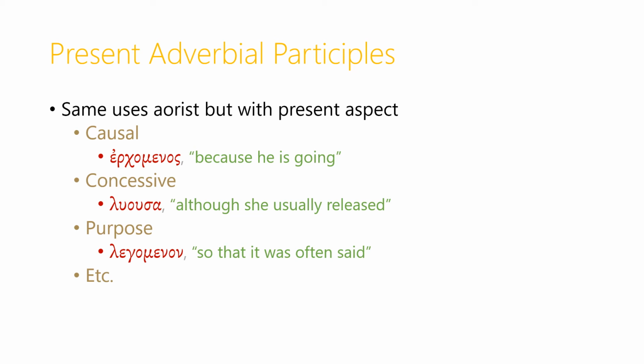Or it can be concessive, in which case lusa might be although she usually released. Or if it were a purpose participle, legomenon might be translated so that it was often said, etc. We could see similar examples with the other adverbial senses with aorist participles.